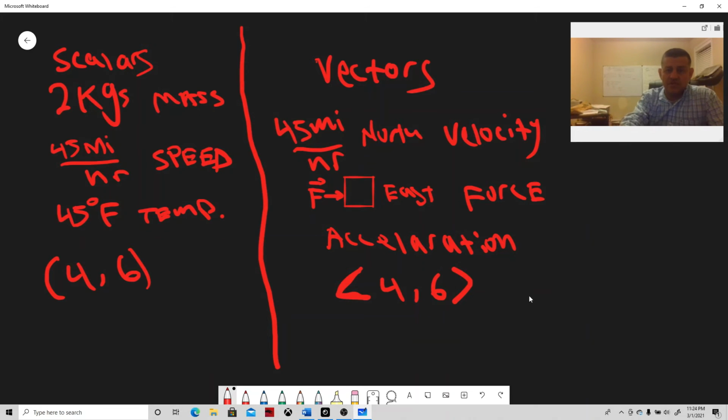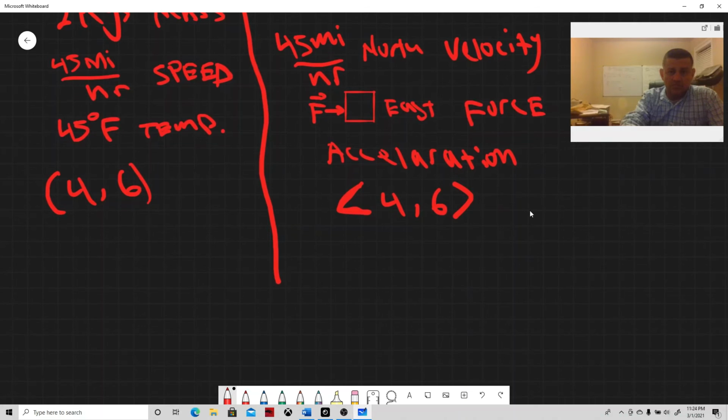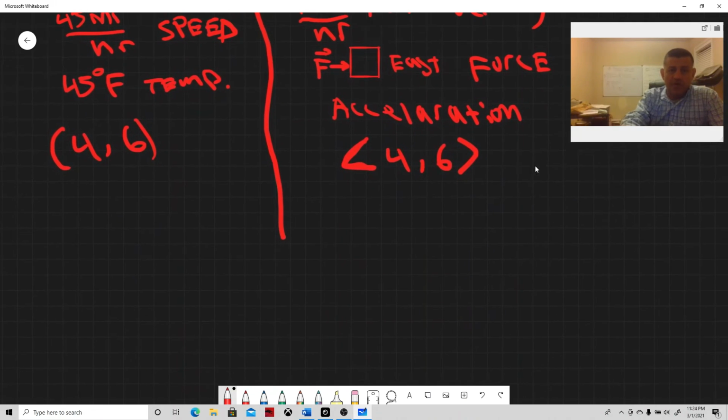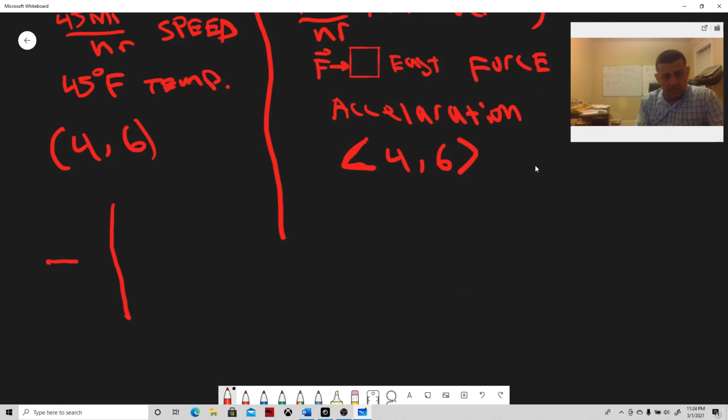If you want to plot the point, you do something like this. You go 1, 2, 3, 4, and then you go up 1, 2, 3, 4, 5, 6, and you collect those dots here.